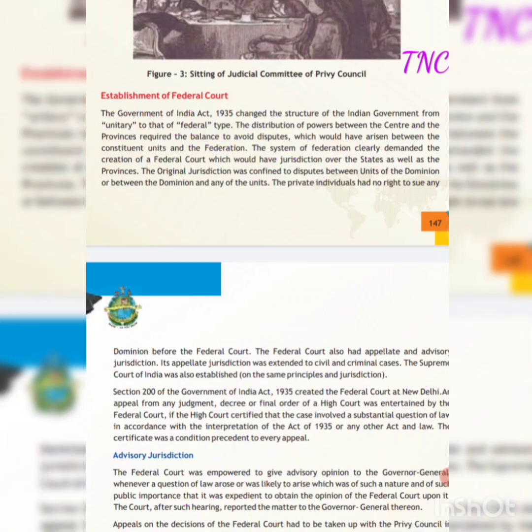The present day system of governance or administration is much admired and influenced from this Government of India Act of 1935. Distribution of powers between centre and provinces required the balance to avoid disputes which would have arisen between the constituent units and the federation.